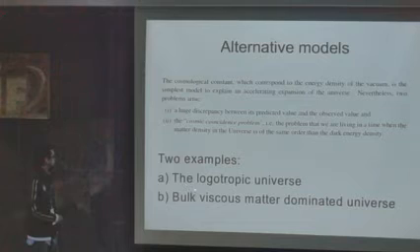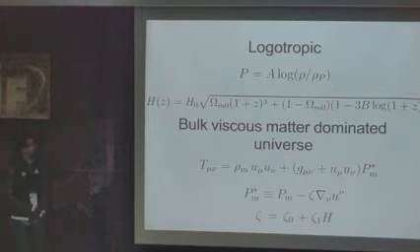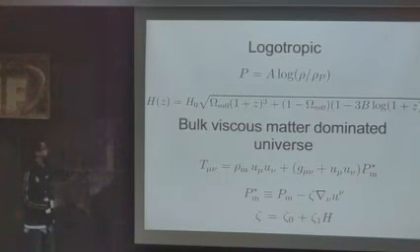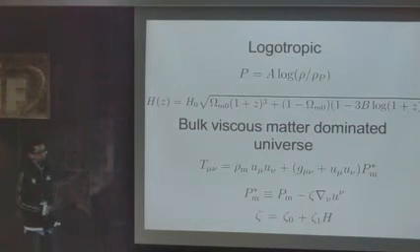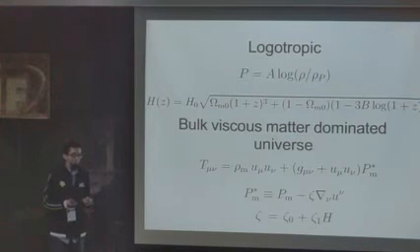In the case of the logotropic universe, the dark matter has a very particular equation of state given by this, and when you compute the Hubble parameter, it has essentially the same behavior as lambda CDM, because there will be an effective contribution due to the pressure of the dark matter that contributes to the expansion of the universe.